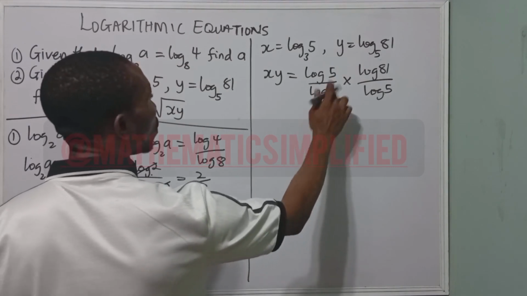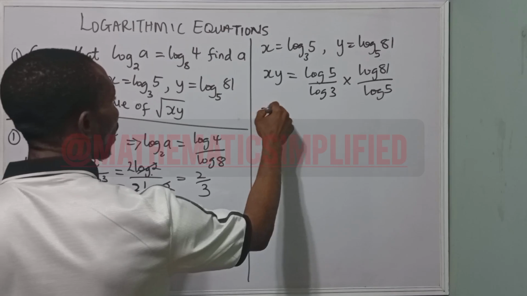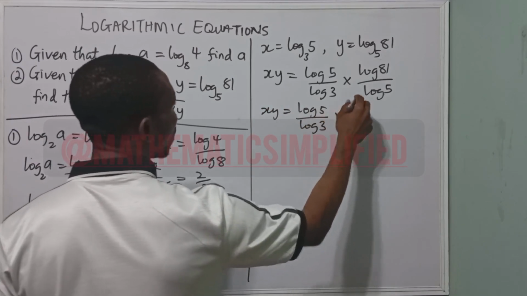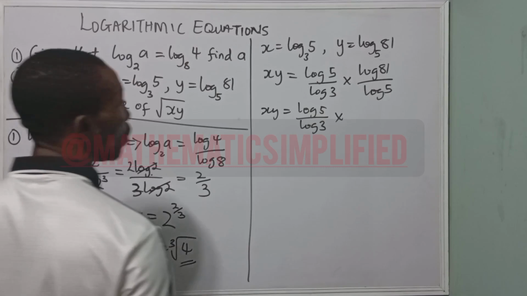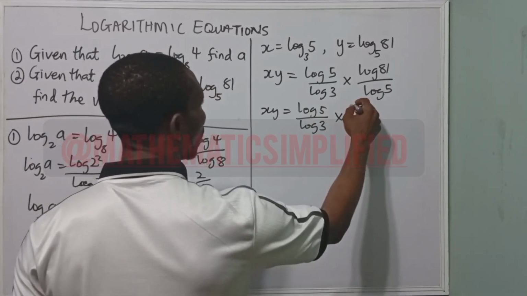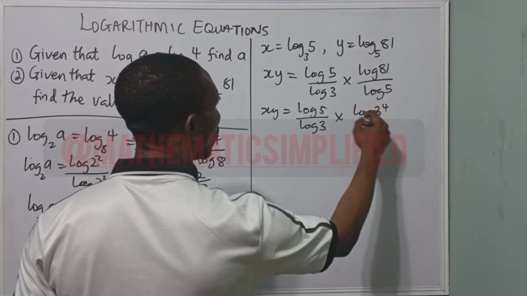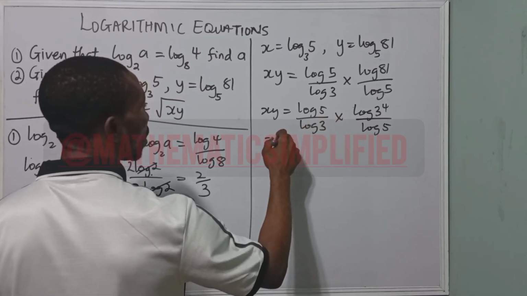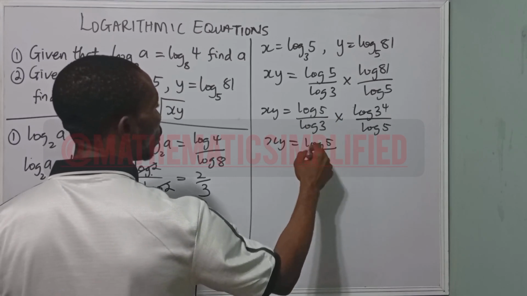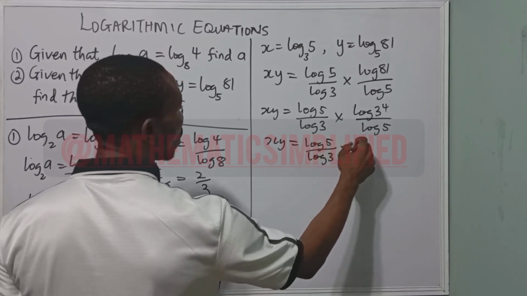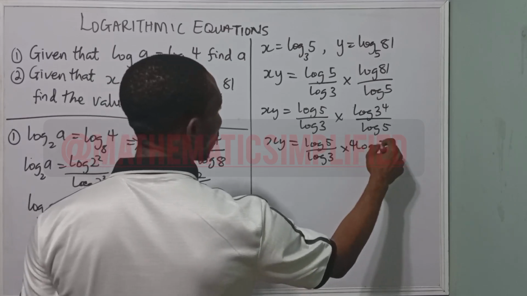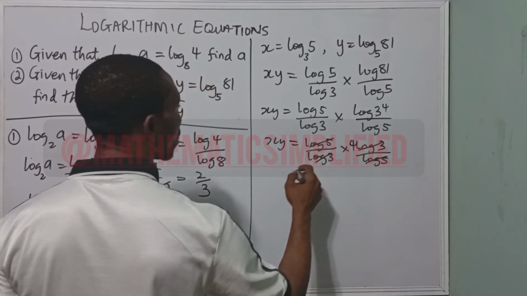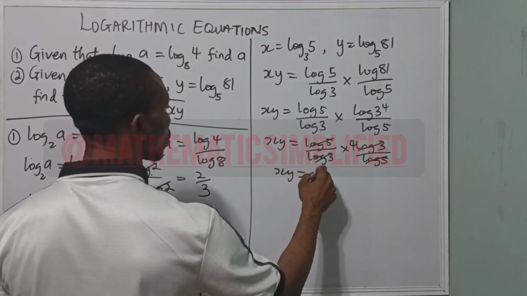Breaking this down, log 81 will give us log 3⁴, so we have log 3⁴ over log 5. Now this gives us xy equals log 5 over log 3 times 4 log 3 over log 5. This cancels this, leaving us with xy equals 4.